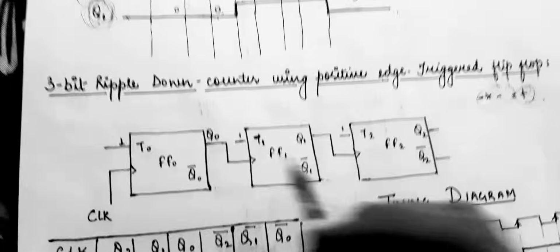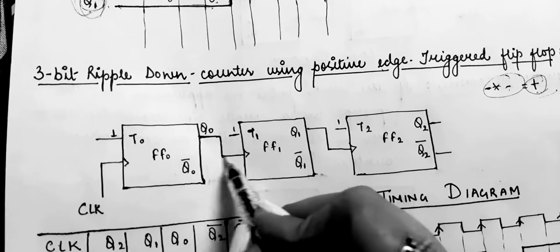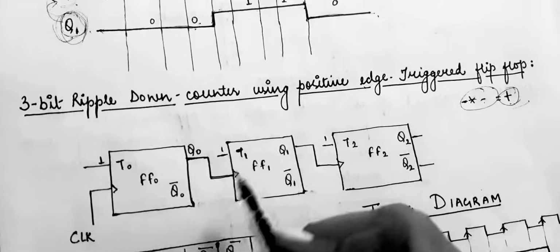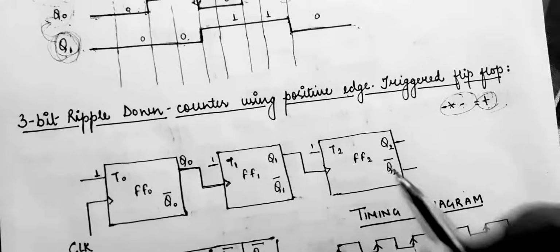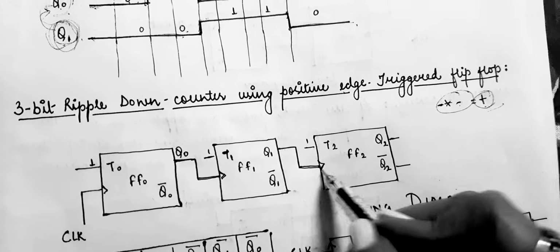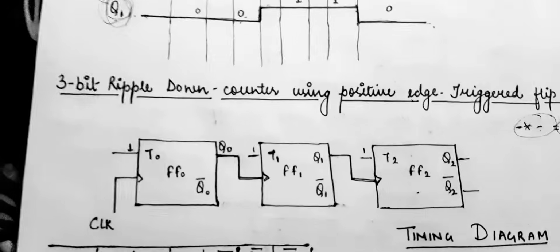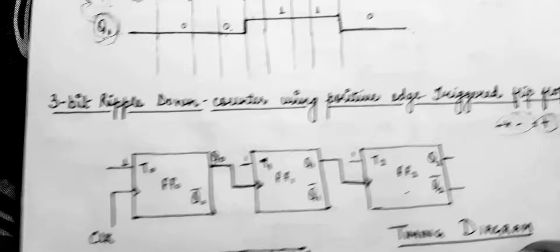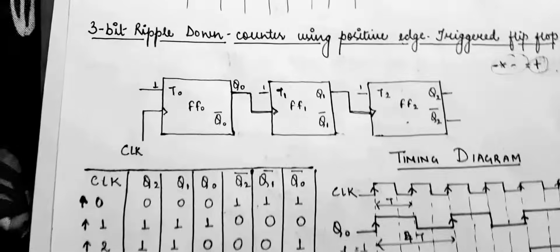Here this is how we represent a negative pulse. So we'll connect it to flip-flop 1, and same at Q1, the output will be connected to the input of flip-flop 2. Clear? Now this is how we draw our ripple counter.